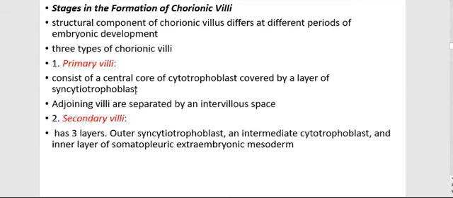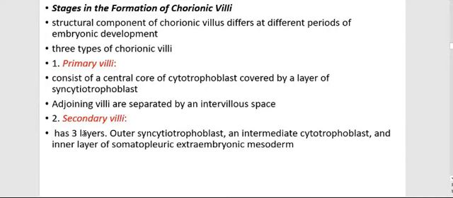So between each primary chorionic villus, there is an intervening lacuna or intervillous space filled with maternal blood. Then development proceeds.